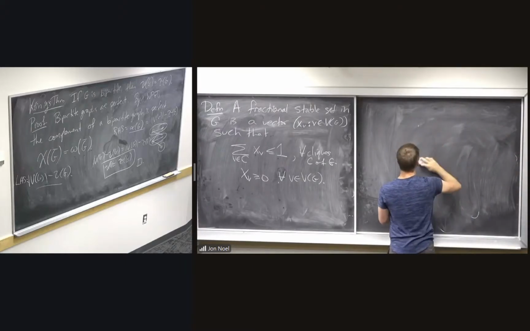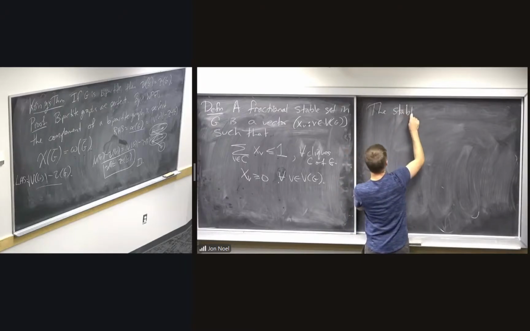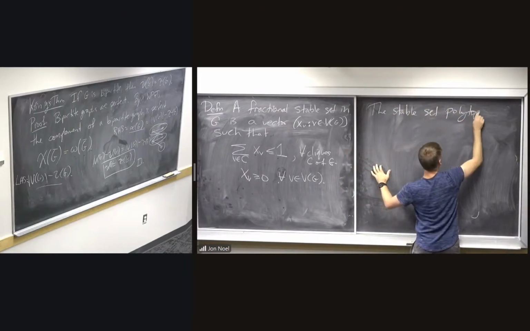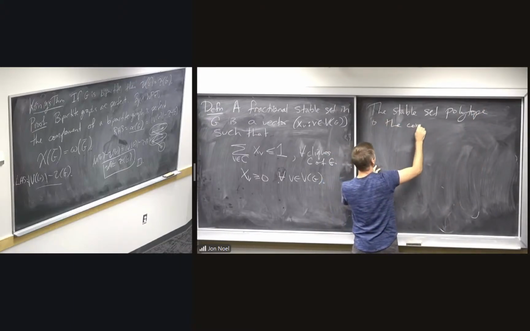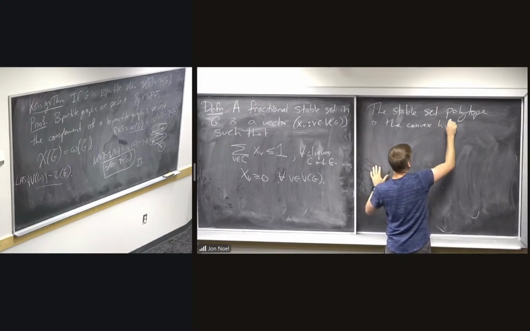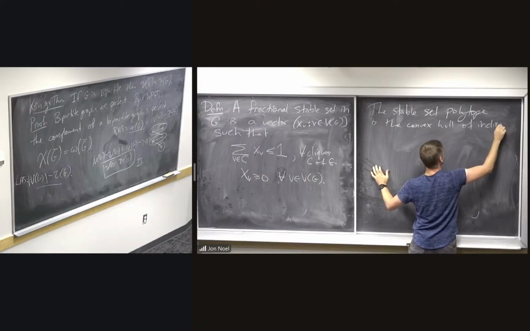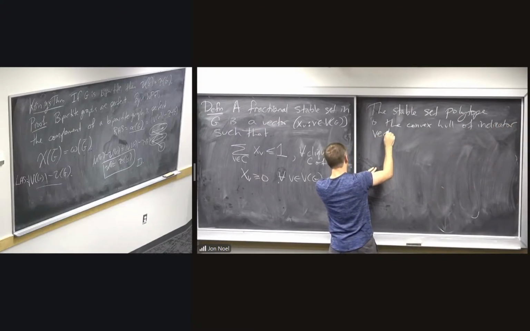We're not proving it, so it's just writing things down. So the stable set polytope is the convex hull of indicator vectors of stable sets.